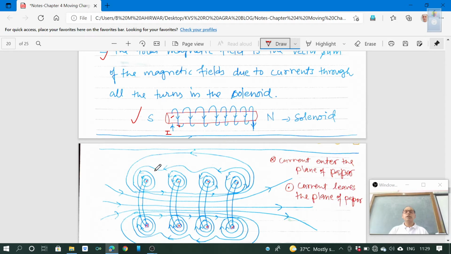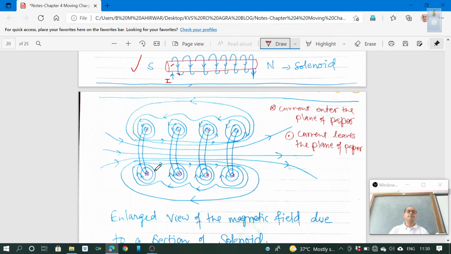Okay, so the cross section of the solenoid is shown here. The upper end is represented through a dot, because a dot shows current leaving the plane of paper, while a cross shows current entering the plane of the paper. So on the upper end the current is coming out, and on the lower end the current is entering.